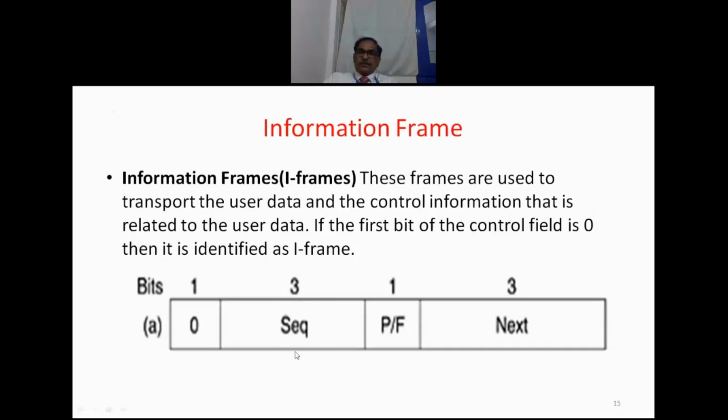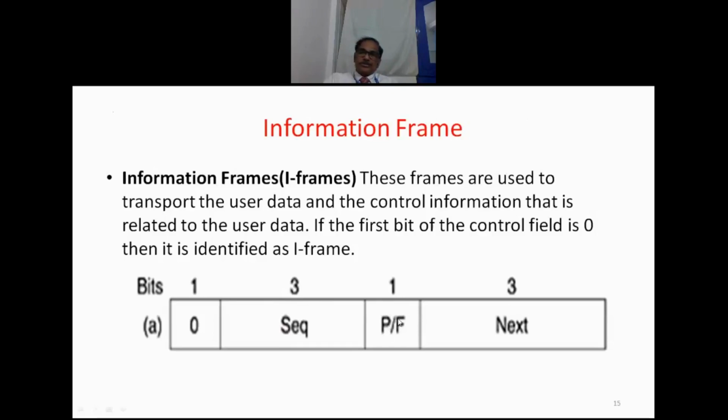The next one bit is P/F, either polling or final. For the information frame, this bit is taken as final.